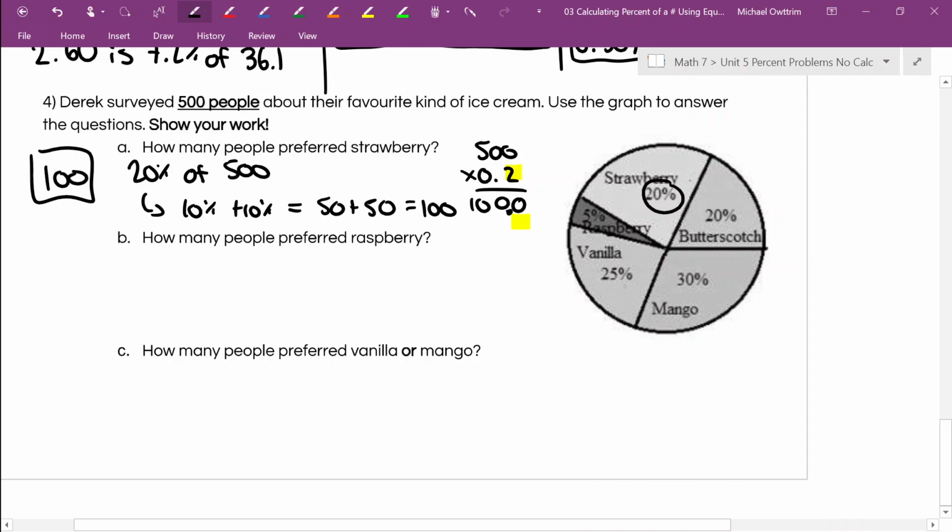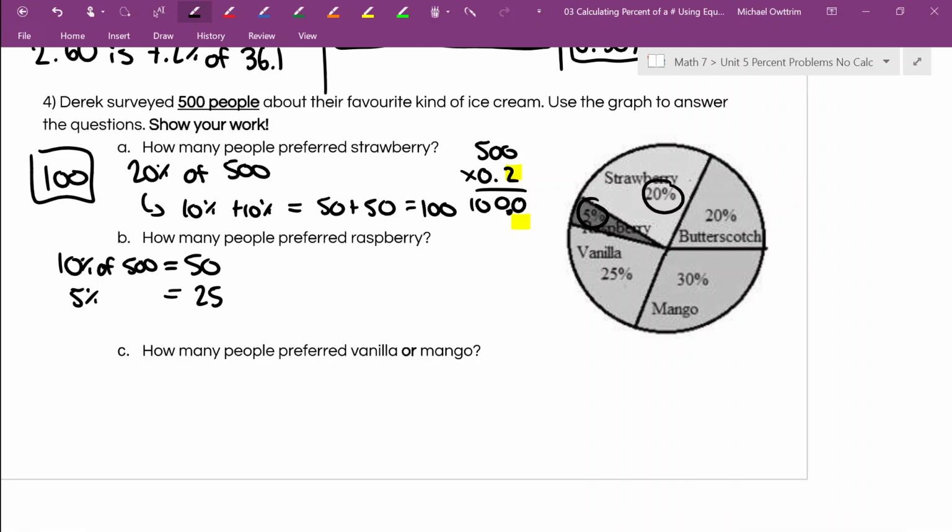How many people preferred raspberry? Raspberry was only 5%. We could do this with benchmark percents. So 10% of 500 is 50, as we said. 5% will be half of that. So half of 50 is 25. So 25 is going to be our answer here.